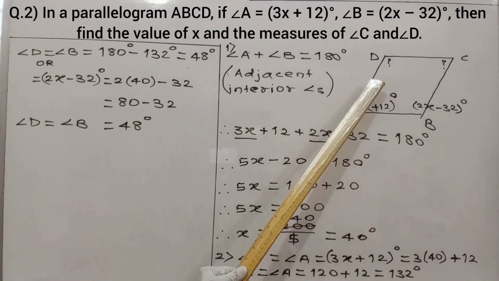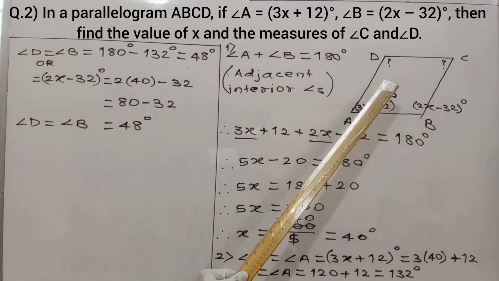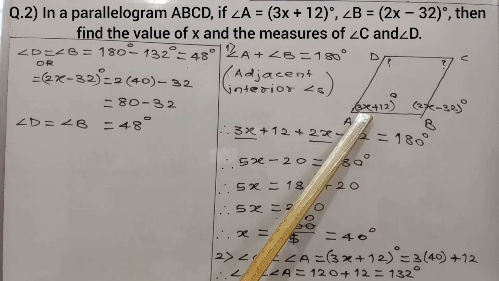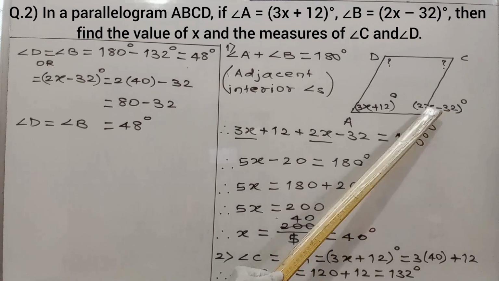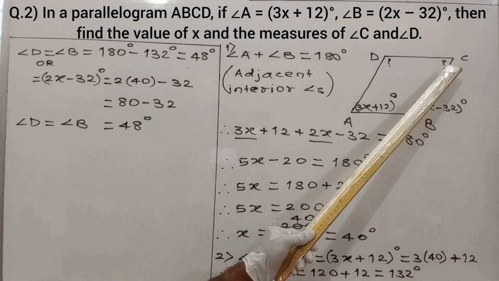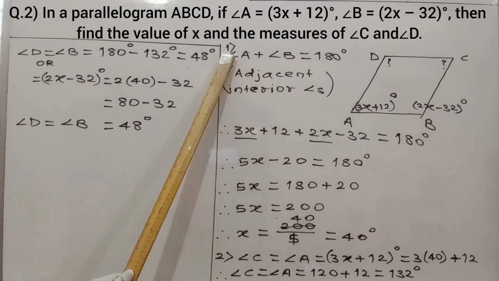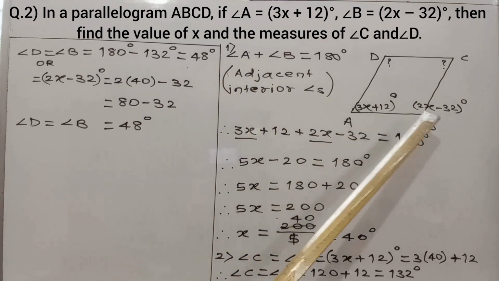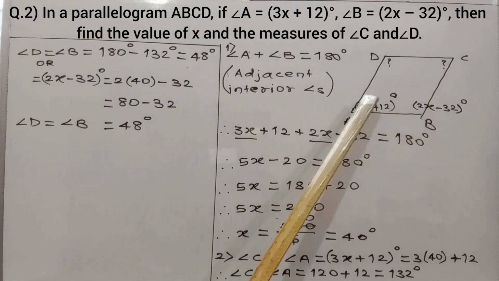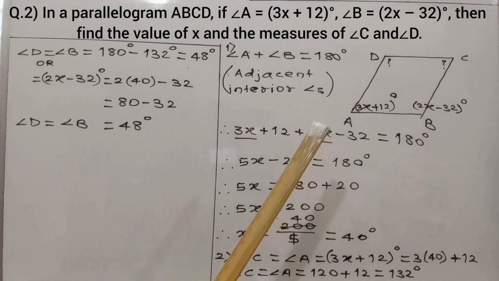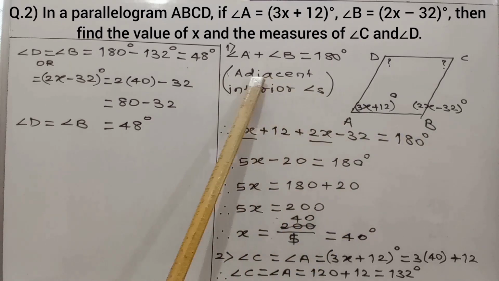Okay, now this is our parallelogram. Quadrilateral ABCD is a parallelogram, and we have been given measures of angle A and B. From these values, first we will find the value of x, and then we will find measures of angle C and angle D. Now, first, angle A plus angle B is equal to 180 degrees, because these two angles are adjacent interior angles.